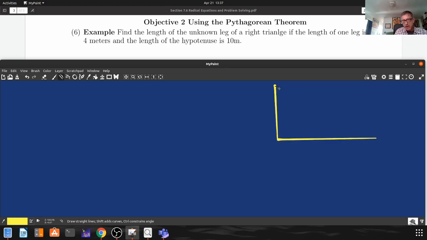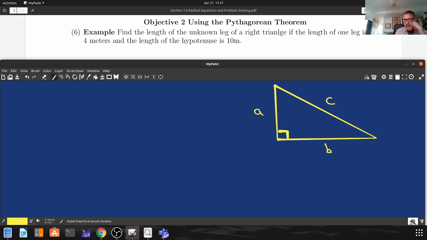So a right triangle is a triangle whose largest angle is 90 degrees. And we often indicate that by a little bitty square box right here. And the side across from the 90-degree angle is called the hypotenuse.